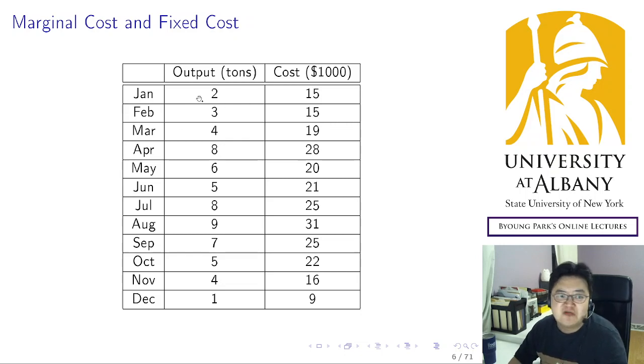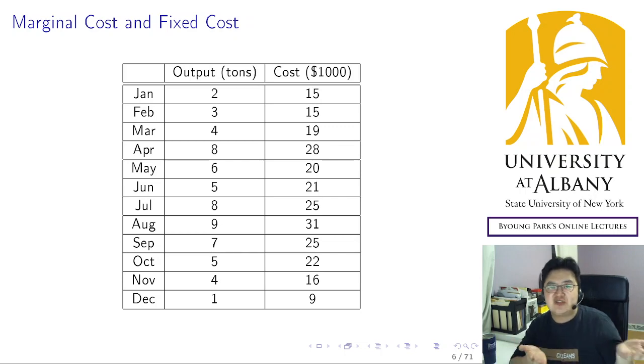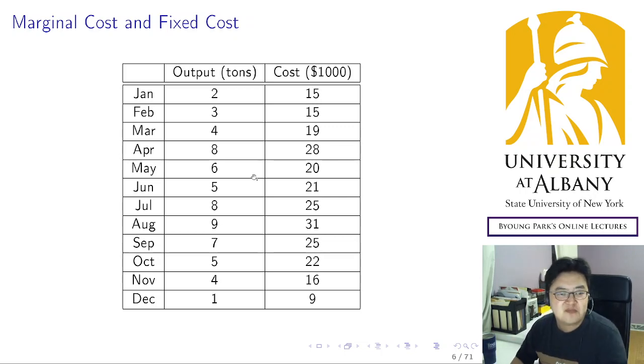So in January, you made 2 tons of pizzas. And in February, 3, and then 4, 8, 6. Each month, the output can vary depending on maybe the demand, whatever. It is just the data. From the data, you see the output in tons, and the cost is measured in $1,000.